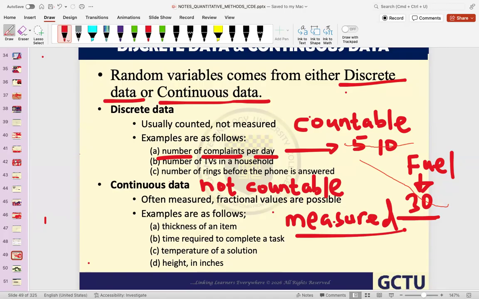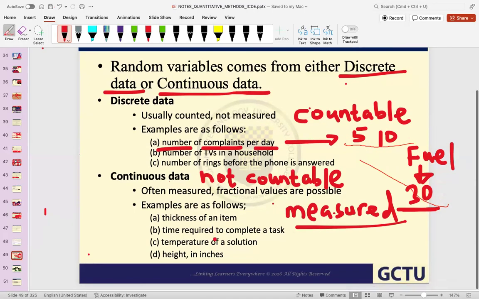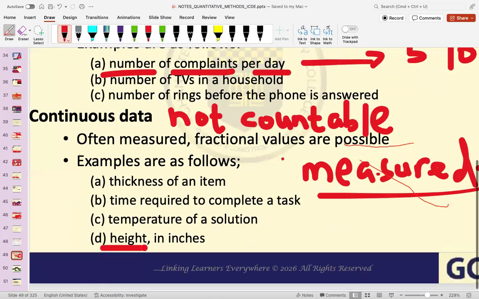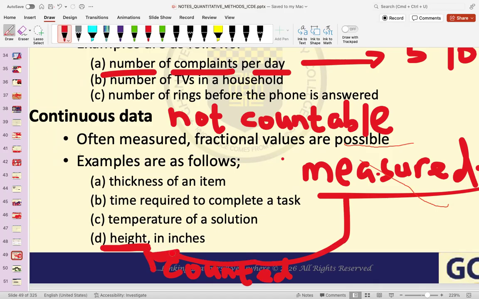That's the difference. For instance, let's take your height. If I want information about your height, I cannot say I'm going to count your height, even though the measuring rod I'll use has some numbers, but those numbers are not counted, but rather the only thing I can do is to measure and not count, because your body is continuous.